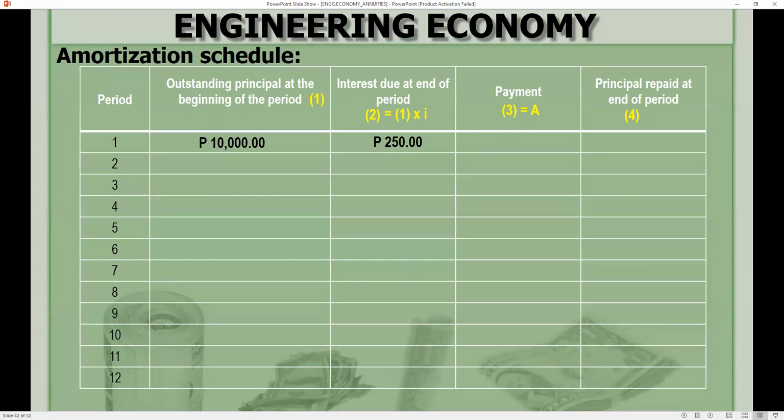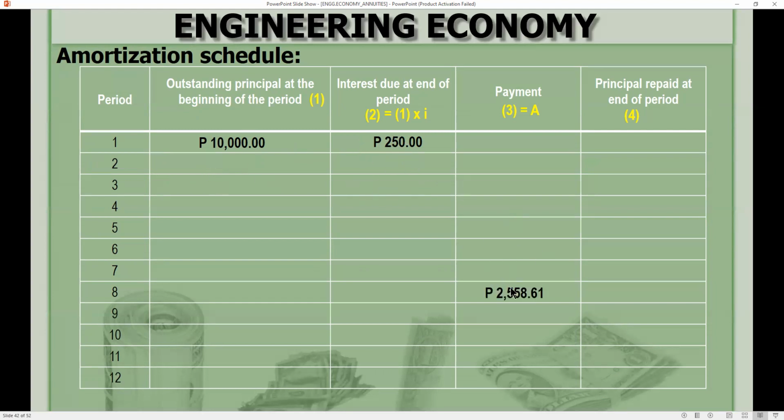Since the payment will start at the end of 8 periods, you have no annuity yet. Therefore, there is no payment made and no amount of principal repaid. So at the start of the second period, your outstanding principal accumulates and the interest is added. You do not deduct anything.